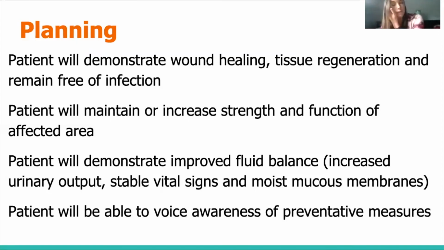I think that's probably the most important one. You want the skin to kind of go back to normal or as close to normal as it can be. And then you want the patient to maintain or increase strength and function of affected area. So that would be those patients who have like impaired physical mobility.